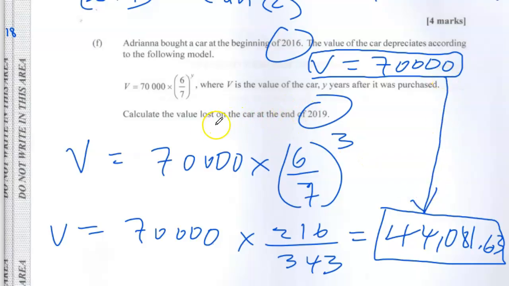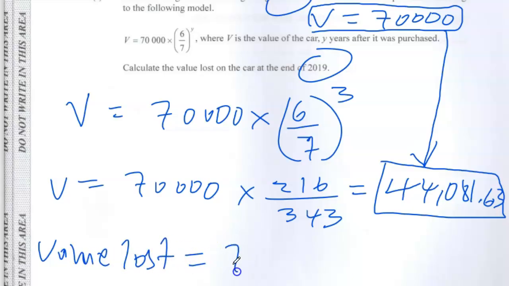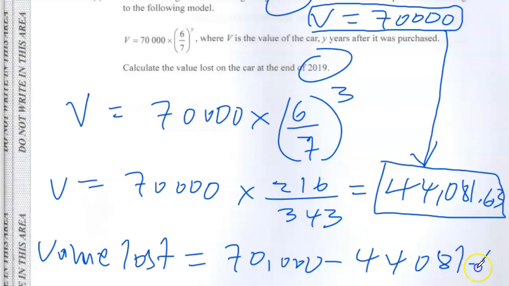So the value lost, this is what they want us to answer. The value lost will be 70,000, that's the original value, minus the new value, 44,081.63.